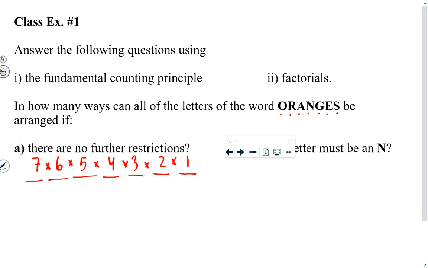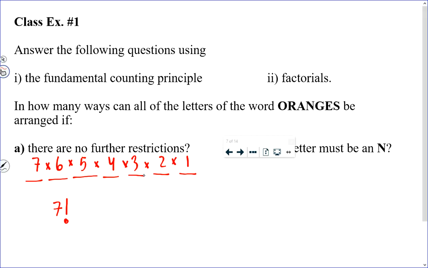If you use factorials, then you simply remember what we learned yesterday, which is that the number of ways to arrange all of the items at once, if there are no restrictions, is that number factorial. It's 7 factorial, which is 7 times 6 times 5 times 4 times 3 times 2 times 1.